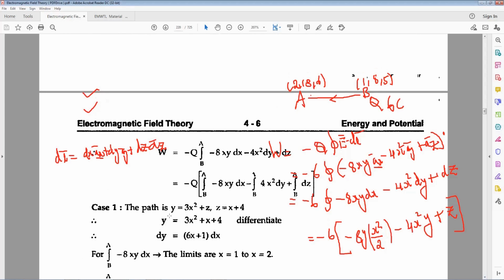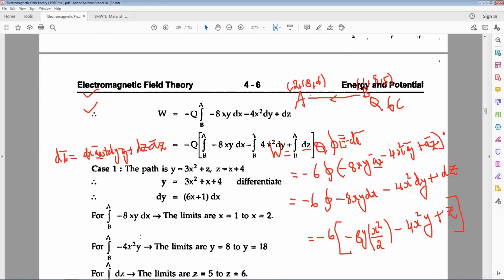We got here the path of minus Q, which is the 6, from B to A. The path is y equal to 3x square plus z, and z is equal to x plus 4. So dy is equal to 6x plus 1 into dx.